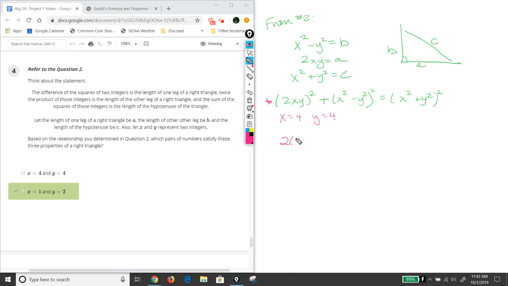So here I would get 2 times 4 plus 4 squared plus 4 squared minus 4 squared. Does that actually equal 4 squared plus 4 squared? Oops, 4 squared and then a square.